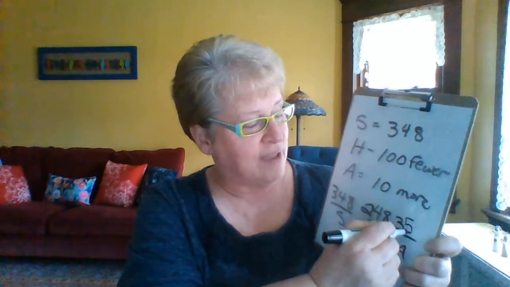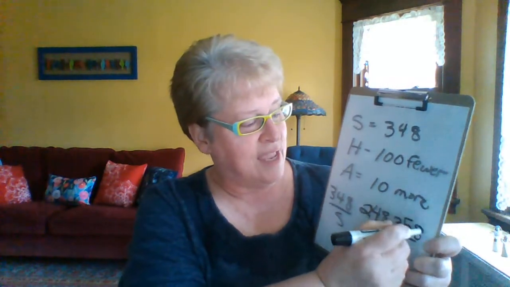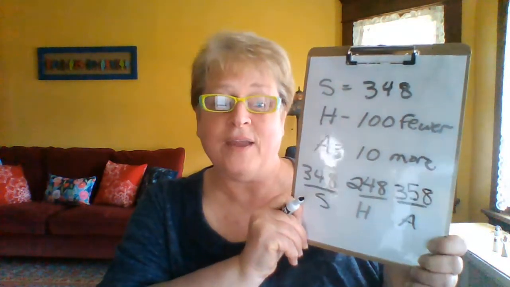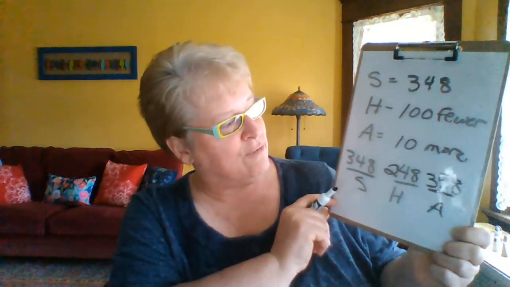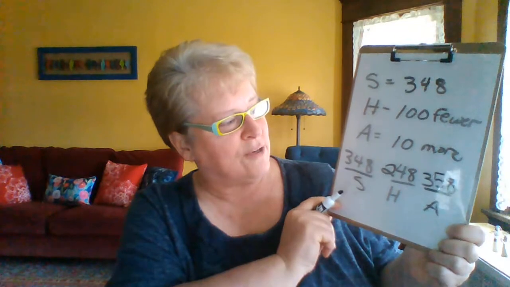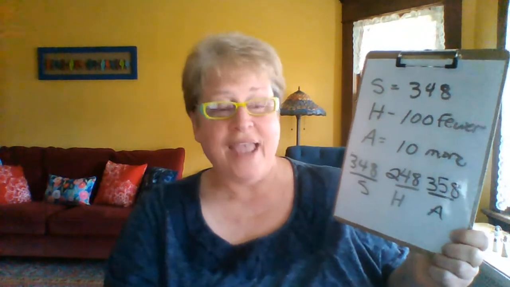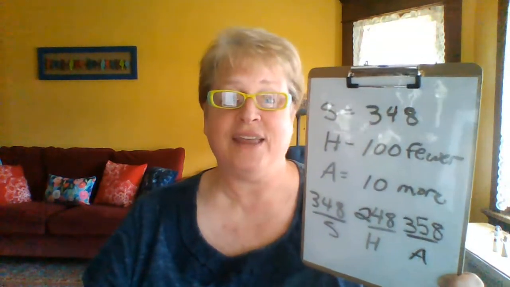So 5 groups of 10 and the 8 ones stays the same. So S started with 348, H has 248, and A has 358. Do you see how we did that? We just looked at the place value columns and we decided what to do to figure out our problem.